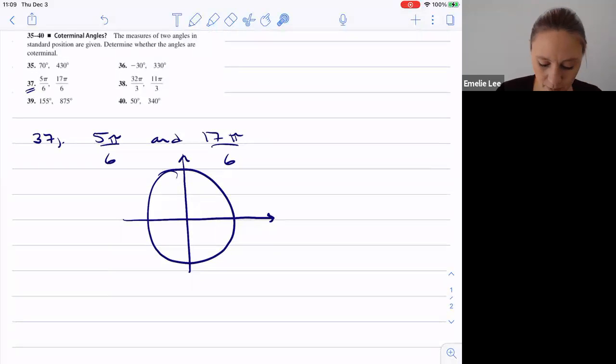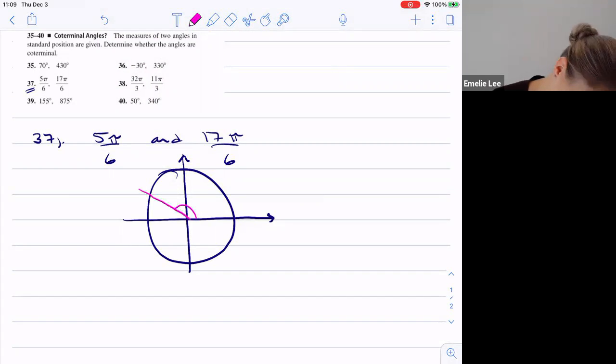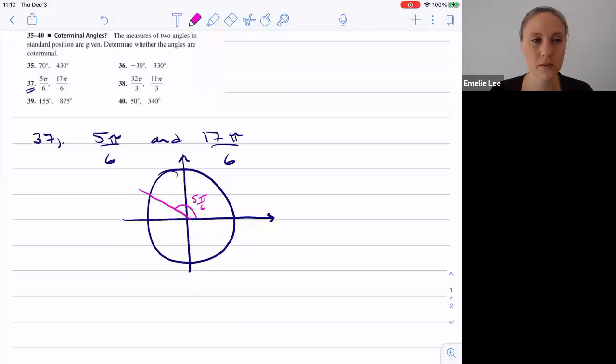So 5 pi over 6, we remember that 6 pi over 6 is a full distance of pi, right? And so I'm just shy, pi over 6 shy of a full pi. So here, at this angle, we've got 5 pi over 6.